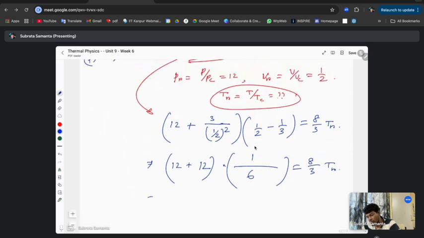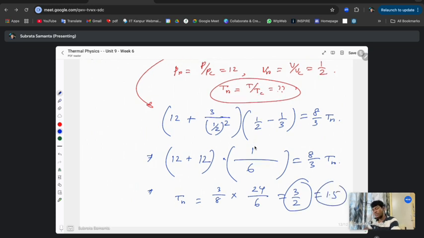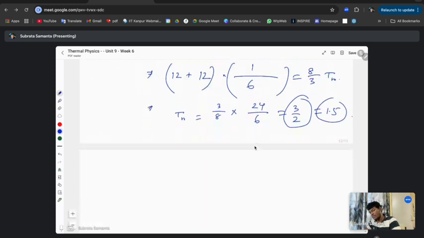So this implies that TR equals 3 over 8 times 24 over 6, so 4 and 2, giving 3 over 2. So it's basically 1.5. Then this implies that T equals 1.5 times Tc.